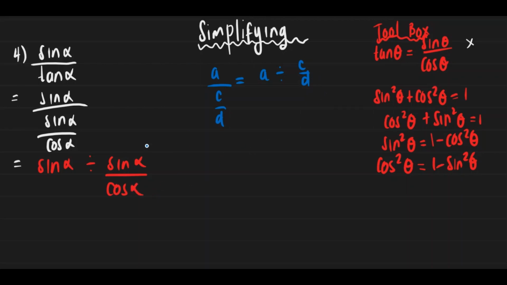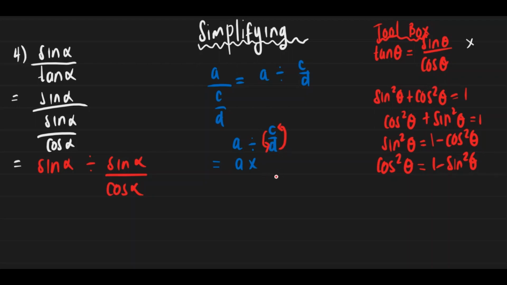And what do we know again? We know that if we have A divided by C divided by D, and we want to change this division into multiplication, what we can do is we can say A multiplied, then the D is going to come to the top and the C is going to come to the bottom. So the numerator and denominator are going to change.